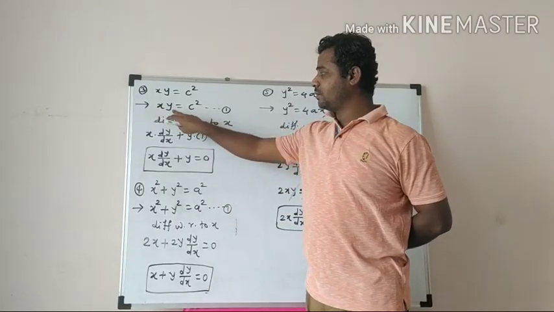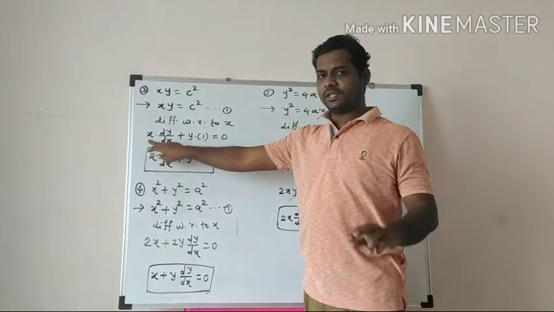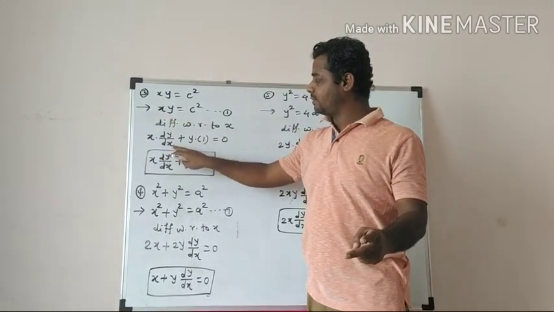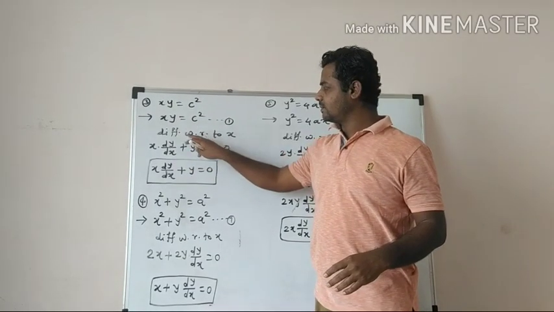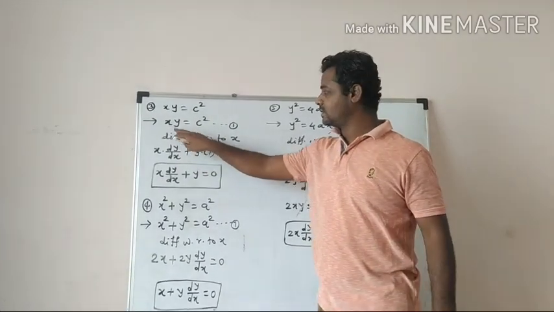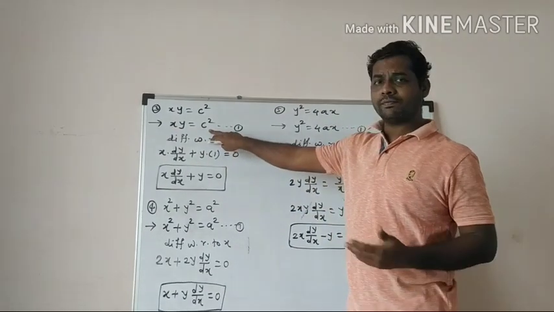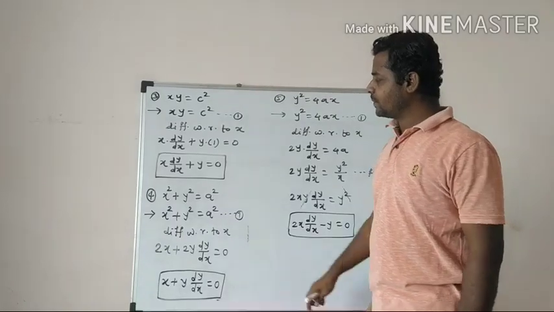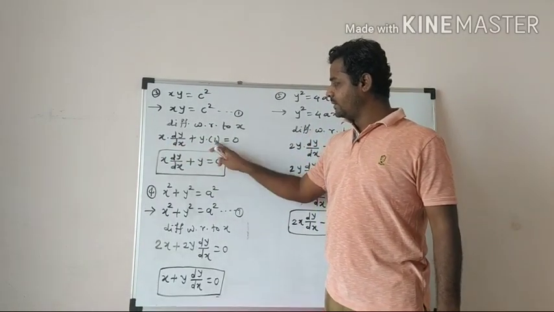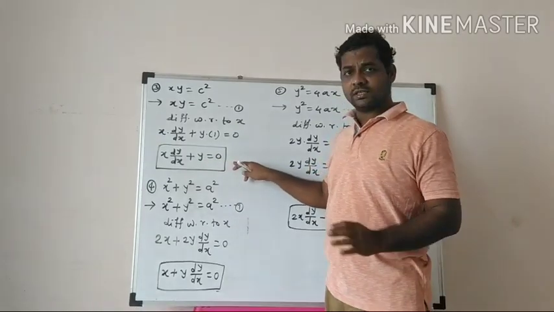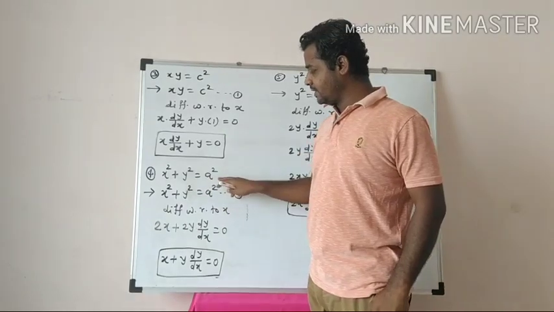So first x into derivative of second, dy by dx, plus second term y into derivative of first, derivative of x is 1, is equal to derivative of constant, which is obviously 0. So this is x into dy by dx plus y into 1, means y, is equal to 0, which is the required differential equation.